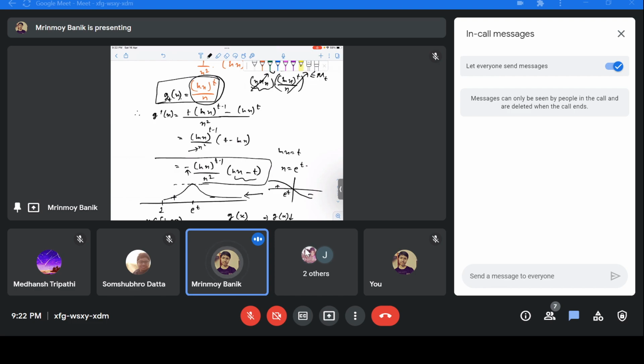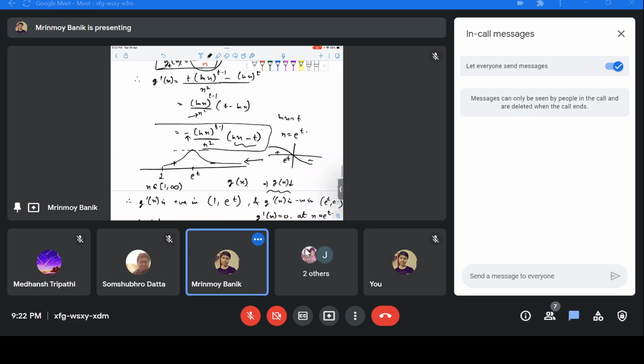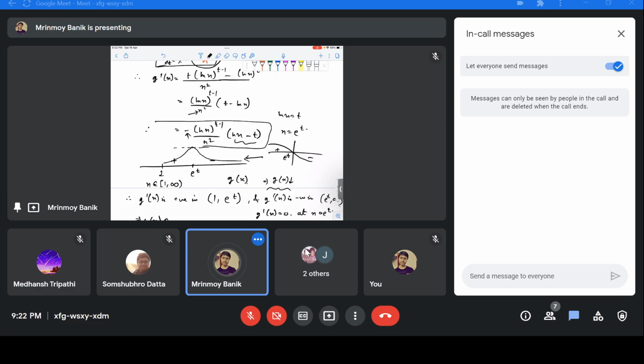So we assume g(n) to be that function of n, ln n power t by n. So we got g dashed n to be minus of ln n power t minus 1 by n squared times ln n minus t. So that gives e power t as a critical point with positive on the left hand side and negative on the right hand side.